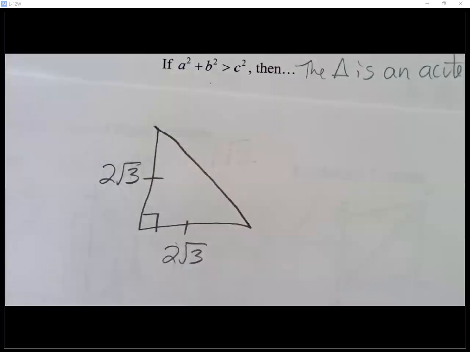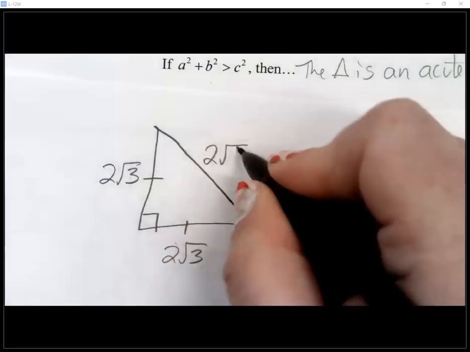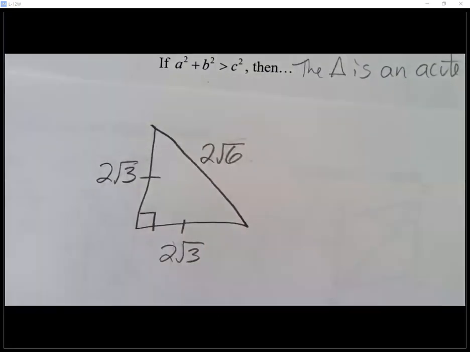You just take whatever the side is and times it by root 2. Isn't root 3 times root 2 just root 6? Yes, mathematically speaking. Okay. So far, is everybody with me?